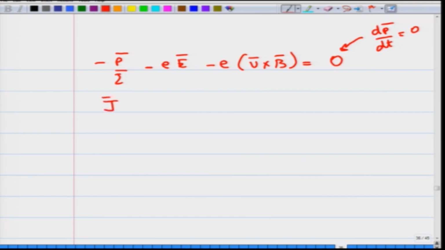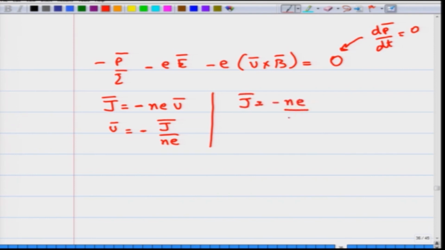If you remember that current density is minus NE into V. So, V I can write it again in terms of current density as minus J over NE, and my velocity also can be written in terms of momentum. So, J is equal to minus NE over m times p.